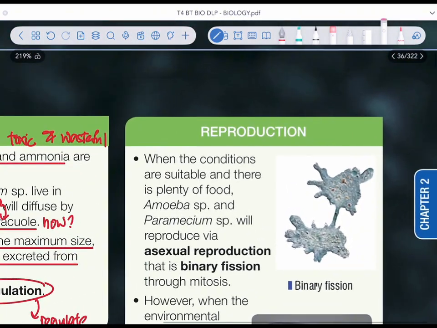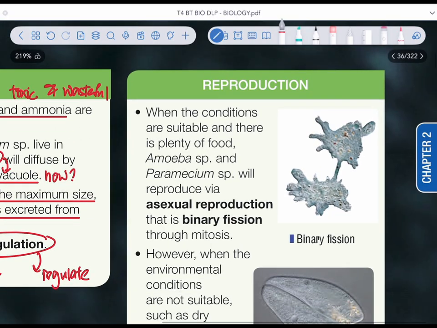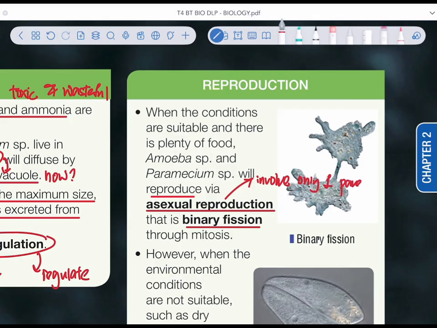next one is reproduction. When the conditions are suitable and there is plenty of food, amoeba species and Paramecium species will reproduce via asexual reproduction, that is binary fission. Asexual reproduction means it involves only one parent, meaning either father or mother.